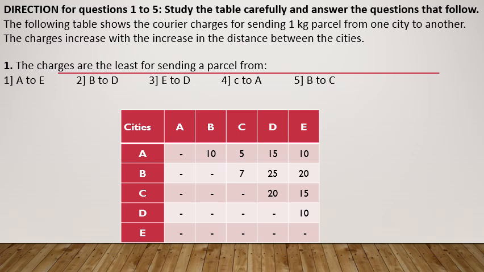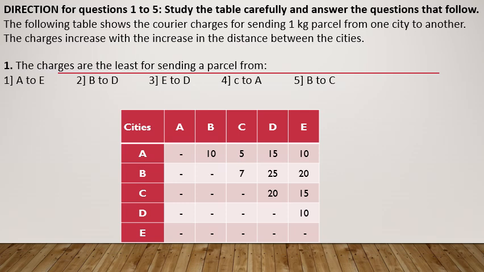Thereafter E to D. If we check E to D, we have the value 10, because if we check E in column and D in row, then there is no value. But if we check E in row and D in column, then there is some value.